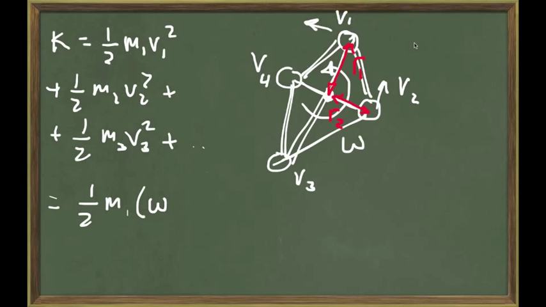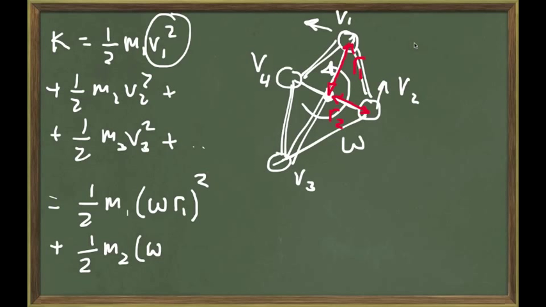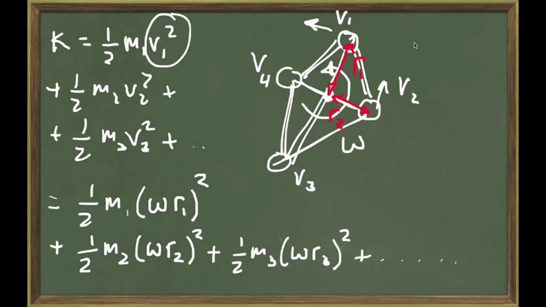So if we use all those r's to express the velocities in terms of omega r, then we get omega r1 squared, that's v1 squared, this term over here. If you add to that 1/2 of m2 times the velocity of object 2 squared, the velocity of that object must be omega, the same omega as before, times r2, whole squared, plus you will add as many terms as particles that make up your object.